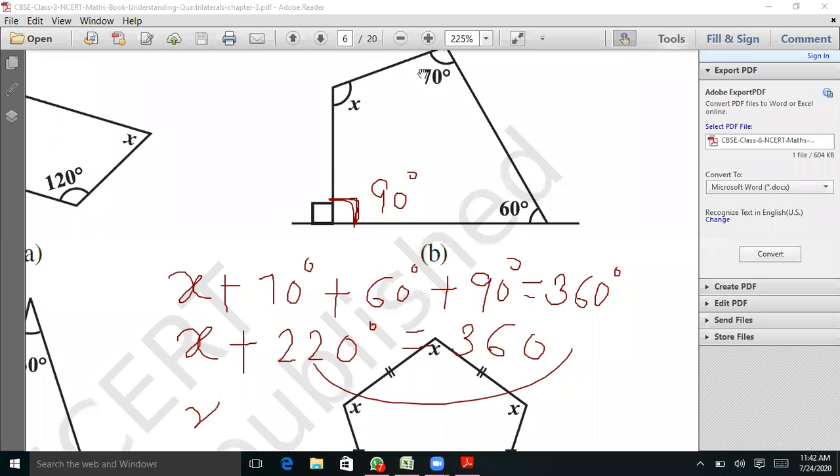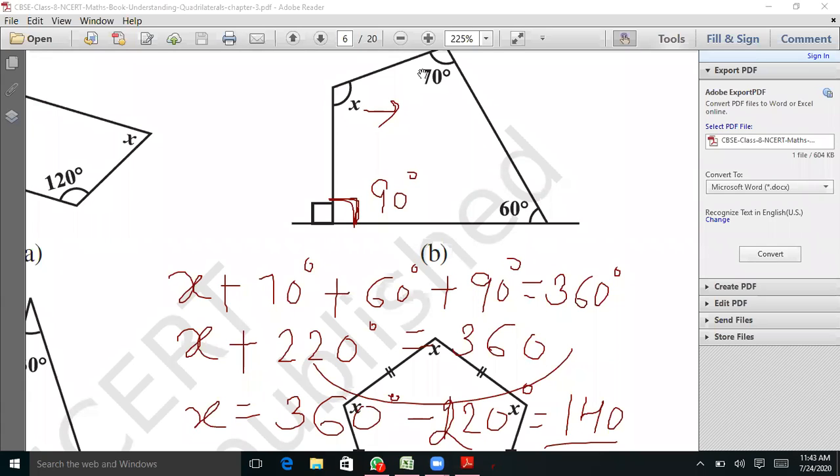So x will be equal to 360 minus 220, sorry, is equal to 140 degrees. So our answer is that the value of x will be 140 degrees.